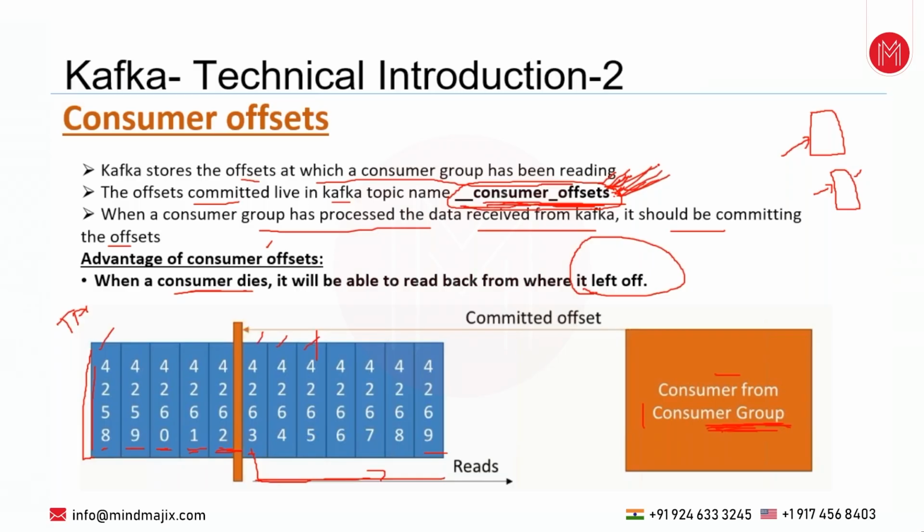Whenever this consumer connects again, after a few minutes or after a few days, with the help of the same consumer group, I have to give the message from this particular offset only, because Kafka now has something called committing in consumer offsets. That's the advantage of committing the offsets with the help of a consumer group.